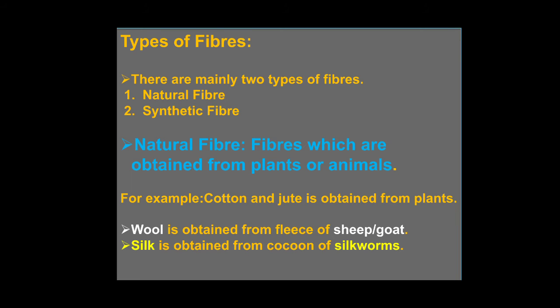We get fibers from plants like the cotton plant and the jute plant, and from animals like sheep, goat and rabbit. These are called natural fibers. For example, cotton and jute are obtained from plants. Wool is obtained from the fleece of sheep or goat. Silk is obtained from the cocoon of the silkworm.